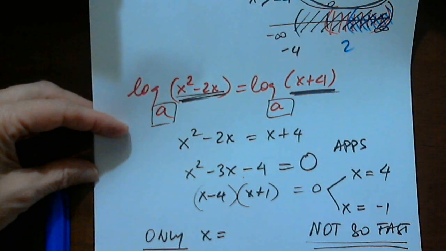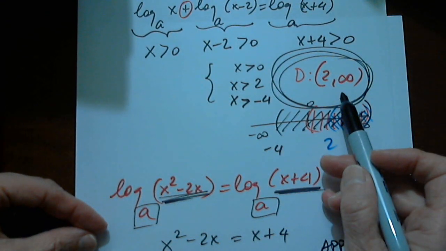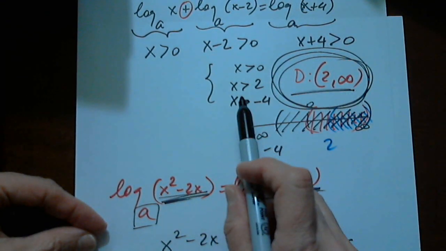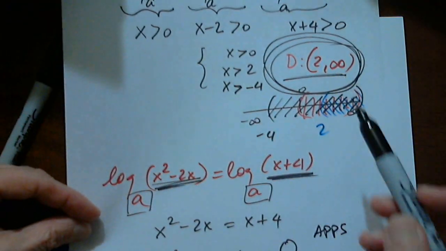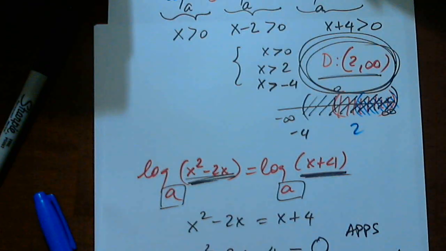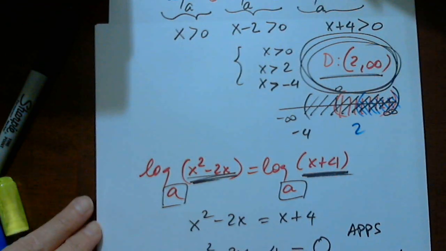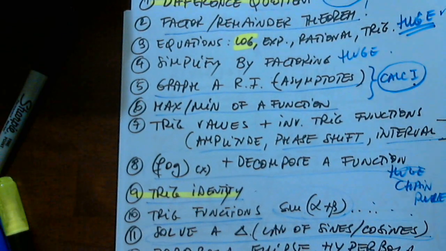You muted yourself again. Sorry, x equals 4. Of course. It's the only one that belongs here. That's why we work so hard. We know that this does not belong here. Good. Questions, please. Questions on the log equation. Okay, next topic.